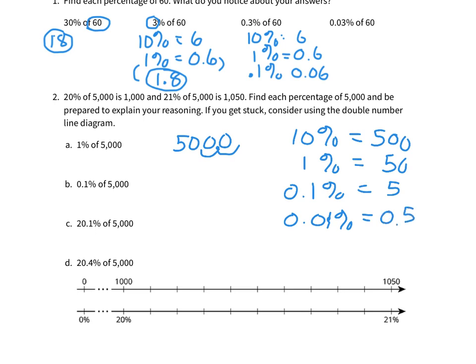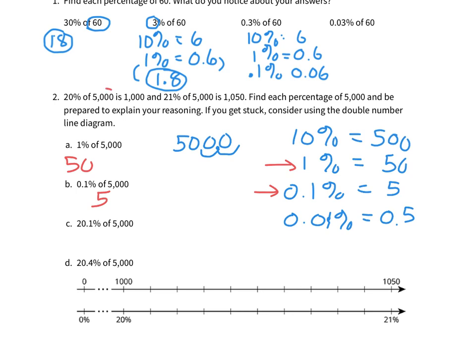So I can use those ideas to calculate all of my other numbers. 1% of 5,000, I already have that in my chart here, that's 50. 0.1% I also have. Again, it's just moving the decimal one more place.